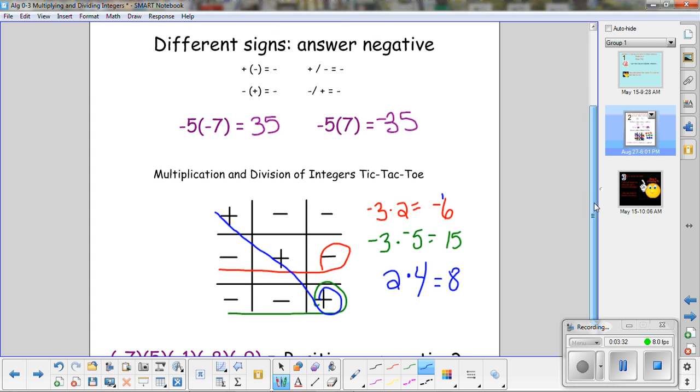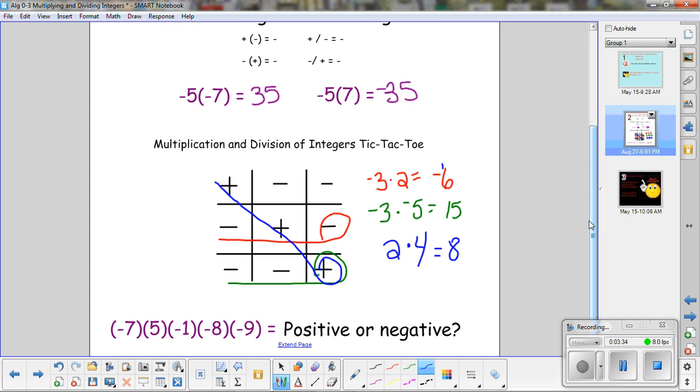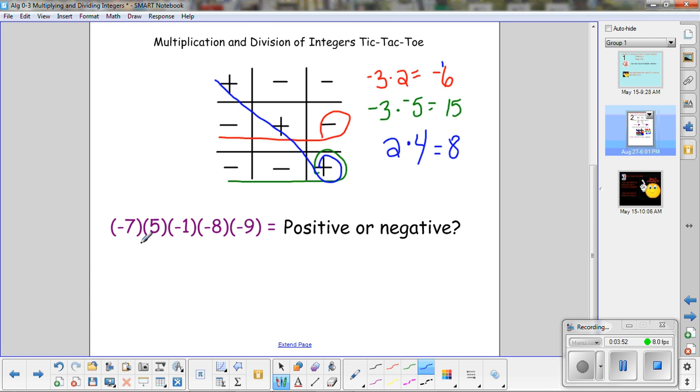The last thing we're going to do is look at a series of integers being multiplied together. Negative 7 times 5 times negative 1 times negative 8 times negative 9. Is that answer going to be positive or negative? Now you could just work from left to right and solve the problem as you go through, or since multiplication is commutative, you can rearrange this and multiply all your negative numbers together first.